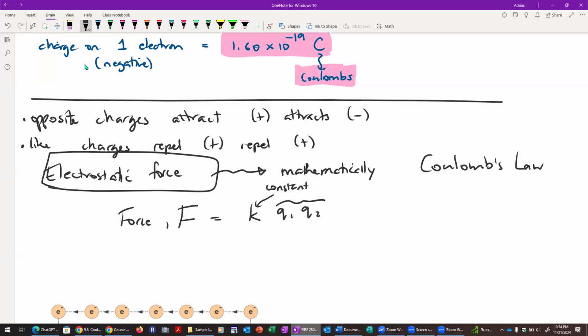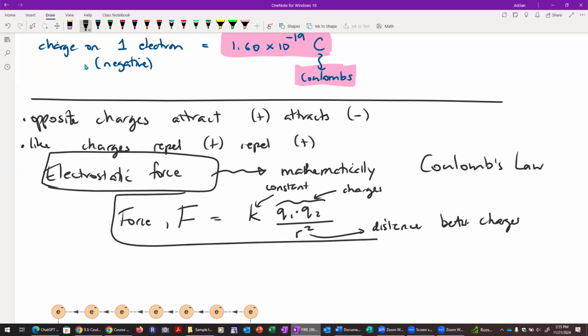Okay, so these are two charges here. So the product of those two charges divided by the distance between them squared. So R here is the distance between those charges Q1 and Q2, whatever they happen to be. So mathematically, that force can be calculated.